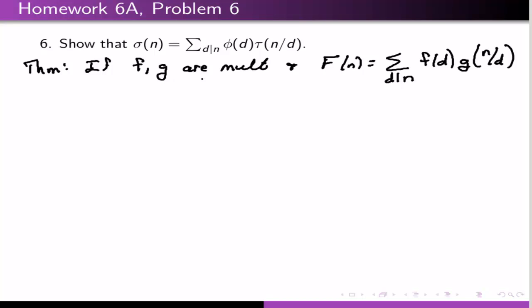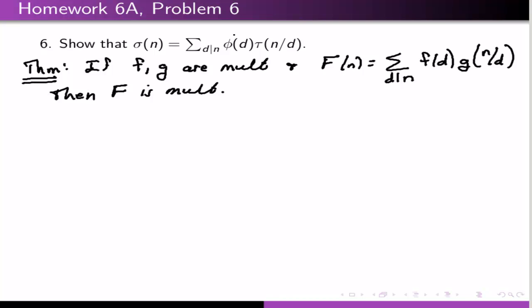So if f and g are multiplicative, and capital F is like this, then what can we say about capital F? It's also multiplicative. Okay, so that's a theorem in the notes we've proven.